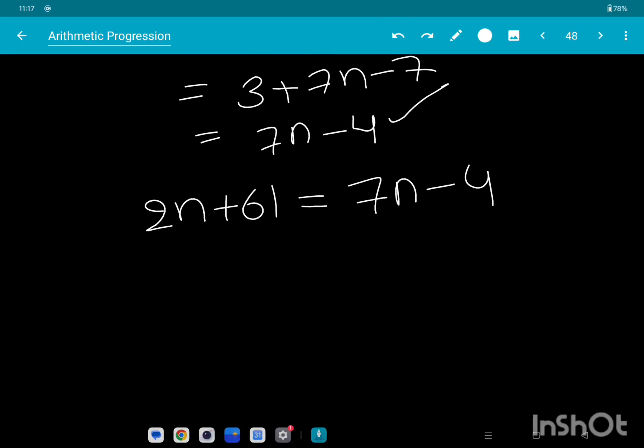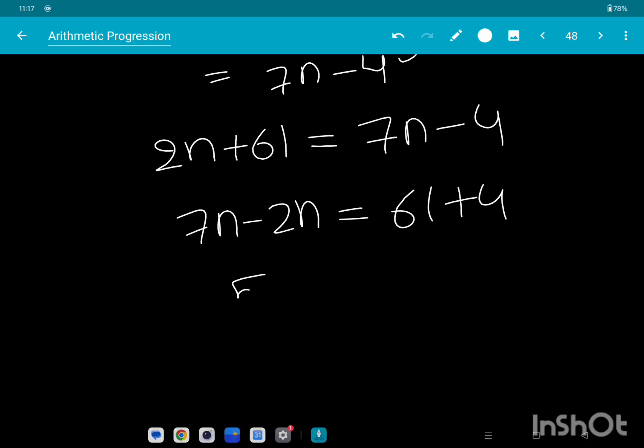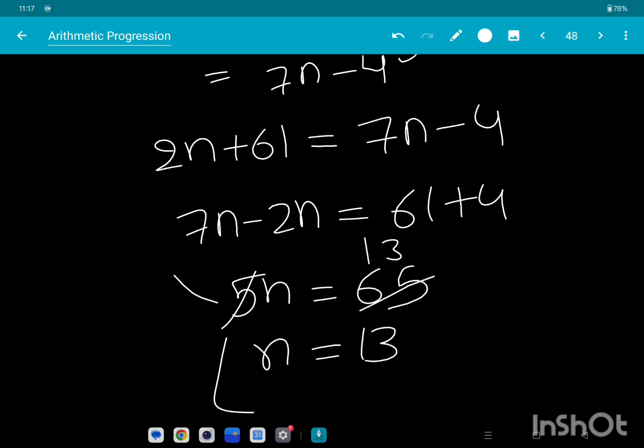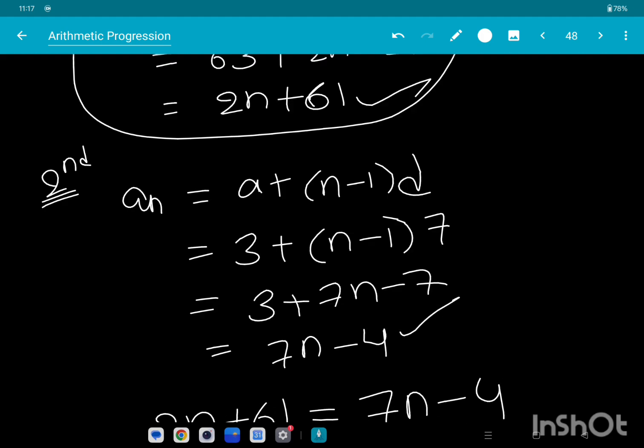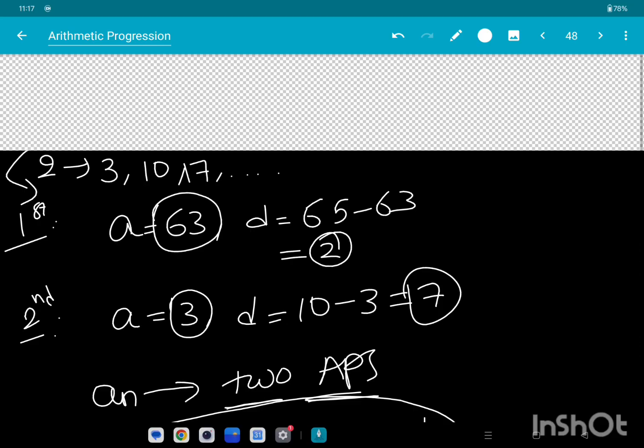Now I need to find the n value. So 7n minus 2n is equal to 61 plus 4. Here 5n is equal to 65. 5 1s are 5, 5 3s are 15. So n is equal to 13. So for the 13th term, those two APs are equal.